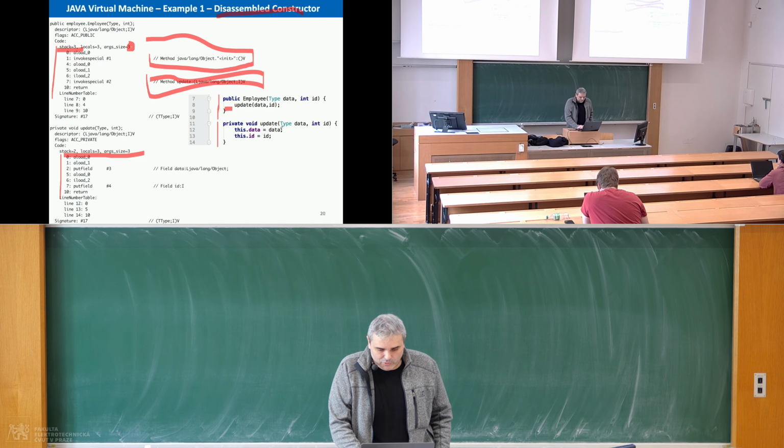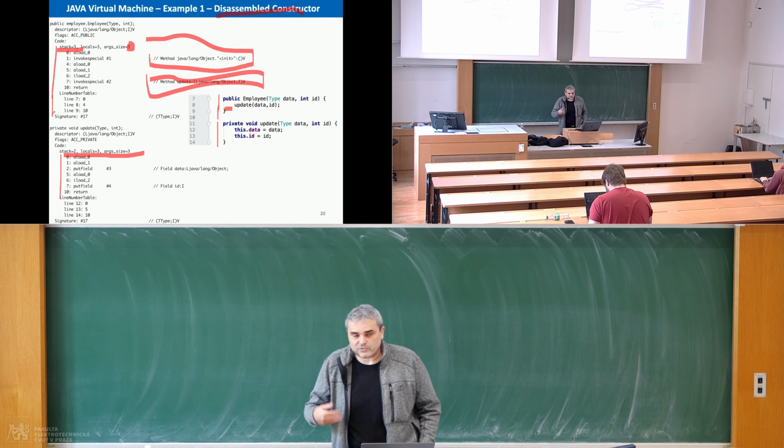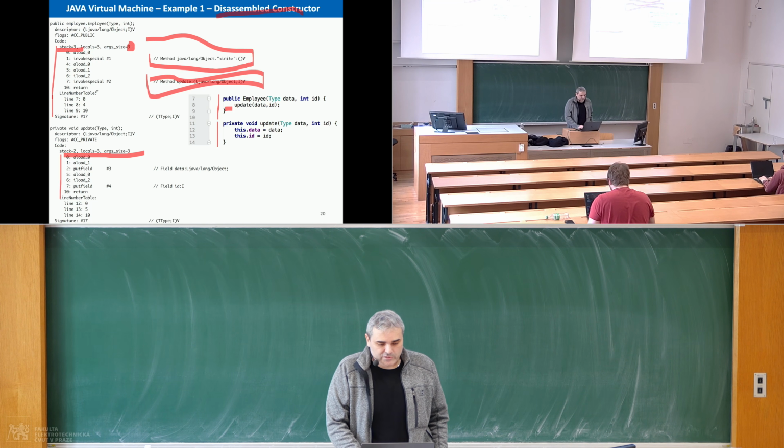What is also here and is useful is this line number table, which is interesting. Even if your code is not compiled with any special options, just default compilation, there is a reference of the bytecode instructions to the source code line numbers. So line 7 was for the bytecode instruction at offset 0, which is the first one.